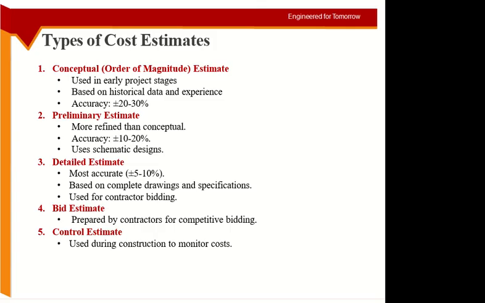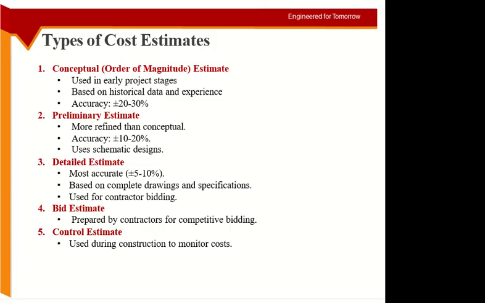You don't have the data of your own project yet. There is no design because you are at the conceptual stage. You are at the initial stage. You haven't started the design. You are just thinking, should I move forward or not? So I mentioned it earlier as well. At this stage, if you hire a consultant to do the design and to do the cost estimation, the cost estimate will be very accurate, but it could prove useless because based on the cost, you may decide I will not go for this project.